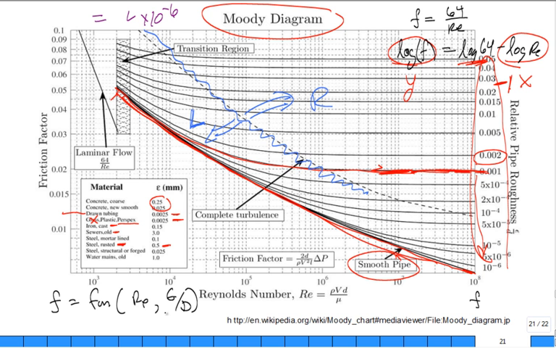It could be that the friction factor is a function of only the Reynolds number, a function of only the relative roughness, or truly a function of both Reynolds number and relative roughness. Does that make sense?